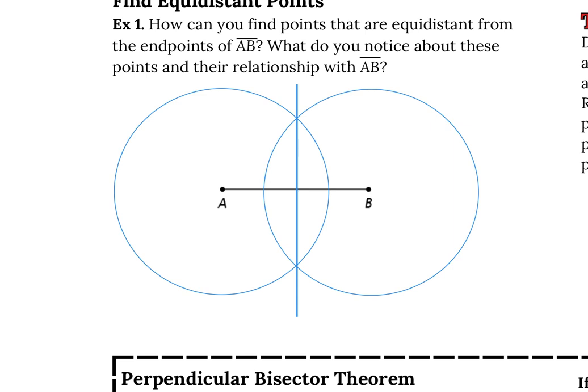Okay, so I've got my line that's going through the 2 intersections. And any point that would fall on this line would be equidistant from the 2 points.